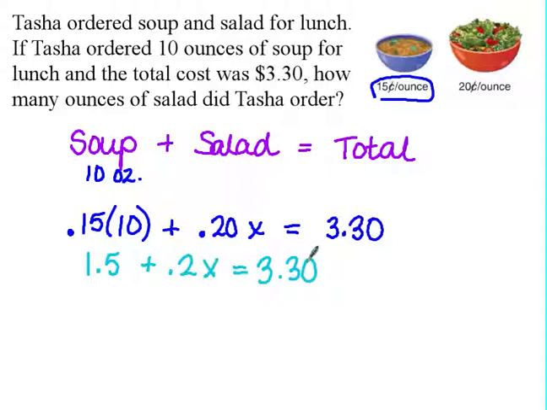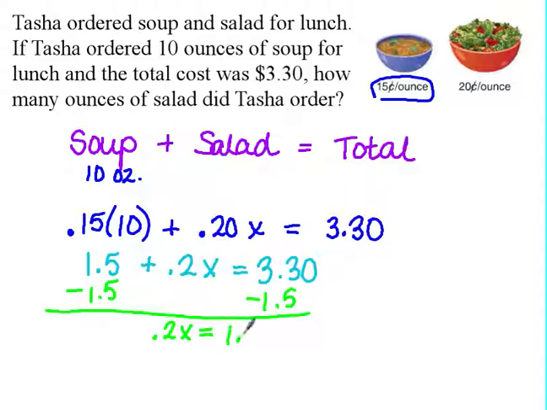So how do you solve that for x? Subtract 1.5 from both sides. So on the left side, I have 0.2x. On the right side, what do I have? What is 3.3 minus 1.5? 1.8.